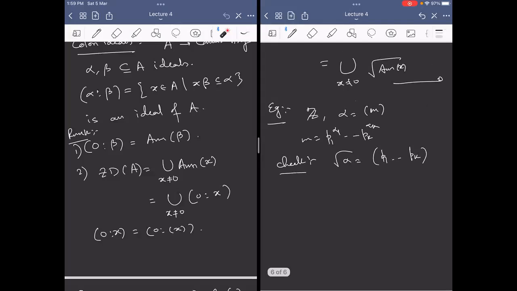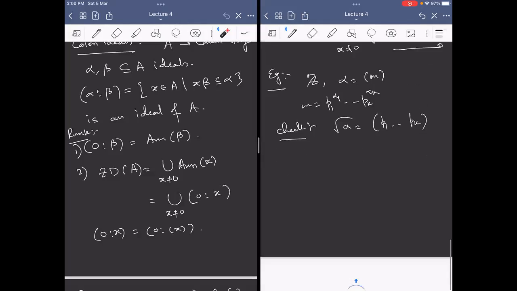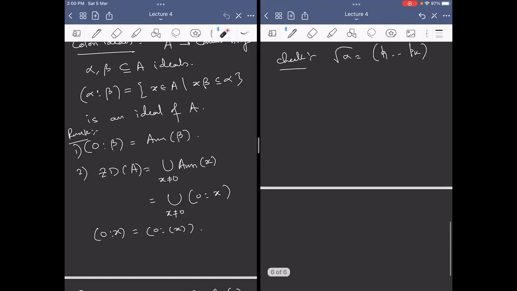Also, since we are talking about radicals, I am going to give you another proposition. We have seen earlier that if two ideals are coprime, or comaximal, then alpha plus beta is 1, and the radical of 1 is 1.